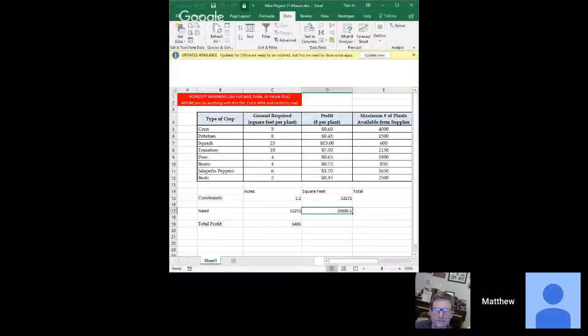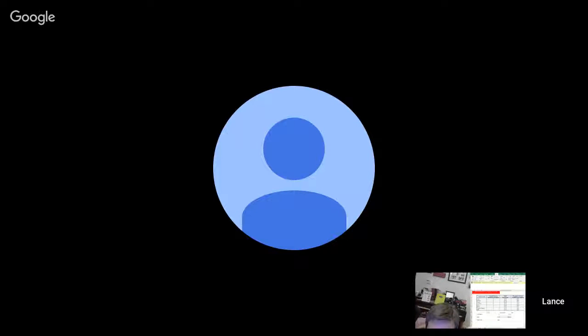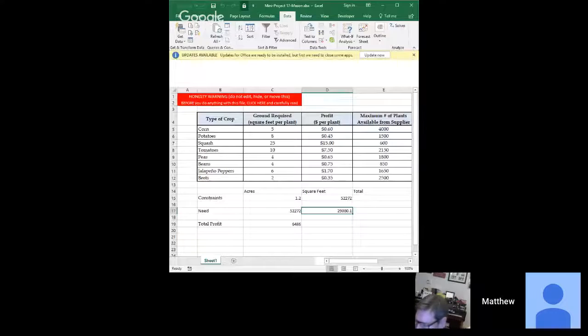And then the constraints that I set up, I made sure that essentially, for instance, C17 must be less than or equal to D15. And that's the 52,272.